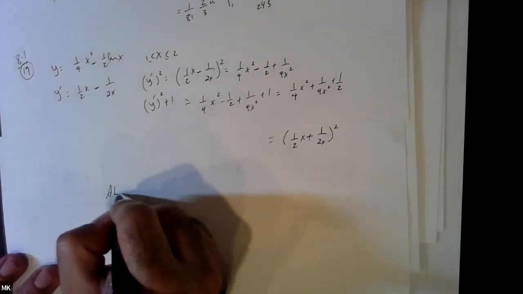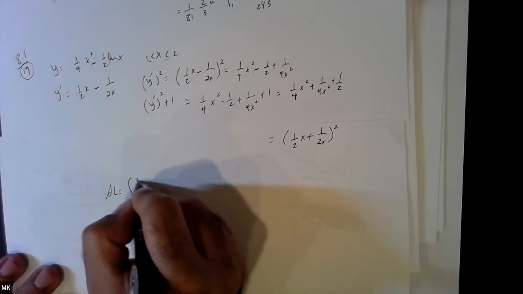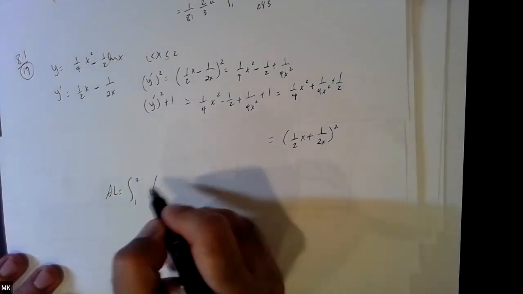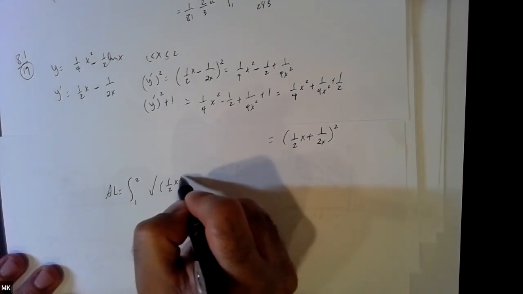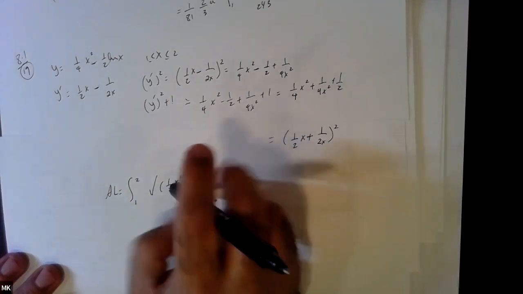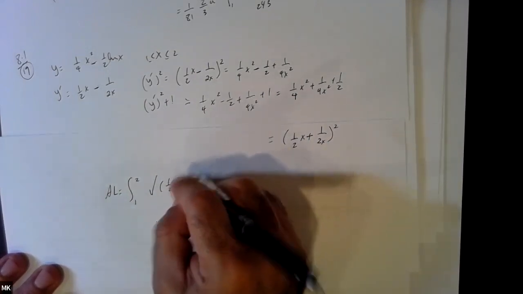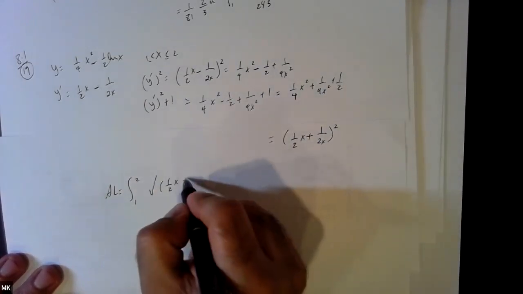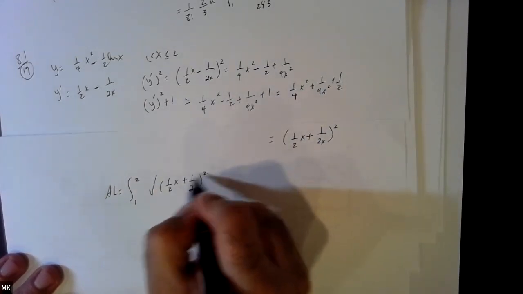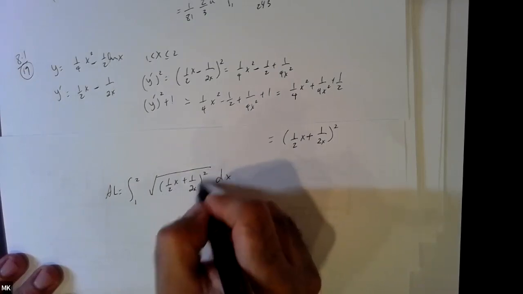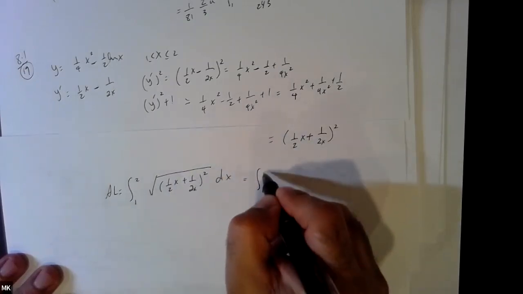So the arc length will be the integral from 1 to 2 of square root of this quantity squared. And the good thing is that the square and square root cancel out, positive values.